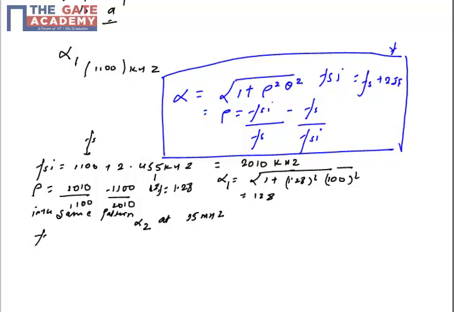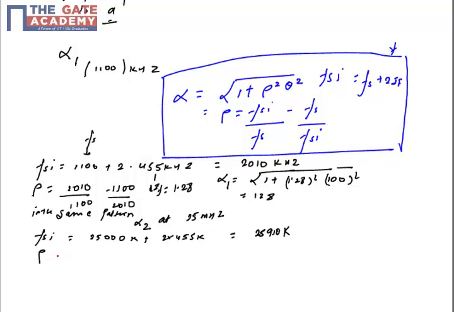FSI comes out to be 25,000 kilohertz plus 2 into 455 kilohertz, which is 25910 kilohertz.